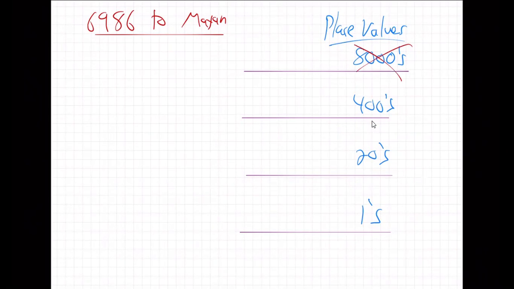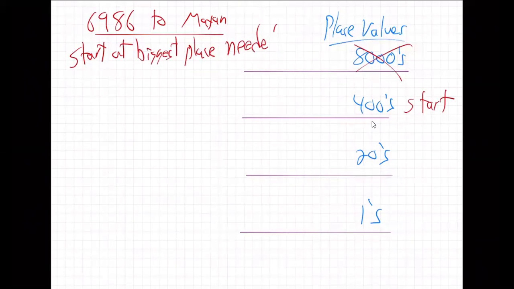So we skip that and we start here, don't we? Start at the biggest place needed. So then what do we do with the 6,986? Divide. We say, how many 400s go in there? How many 400s do we need to make the number 6,986?